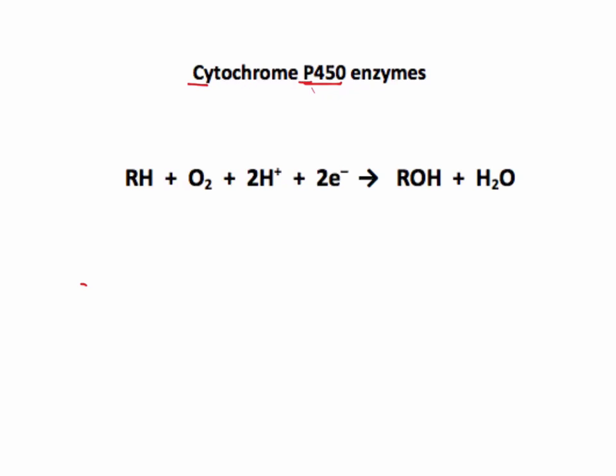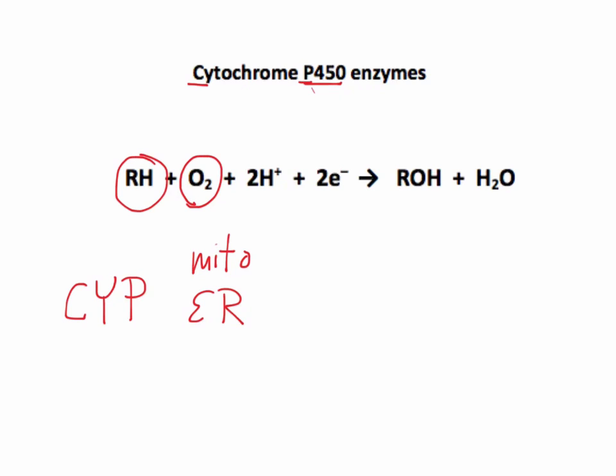Cytochrome P450, or CYPs, are found both in mitochondria and endoplasmic reticulum, and they occur in most tissues of the body. They carry out hundreds of different reactions, with the most common being monooxygenase reactions. Now, in a monooxygenase reaction, one oxygen atom is transferred to an organic substrate, and the other is reduced to water with NADPH serving as a source of hydrogens.